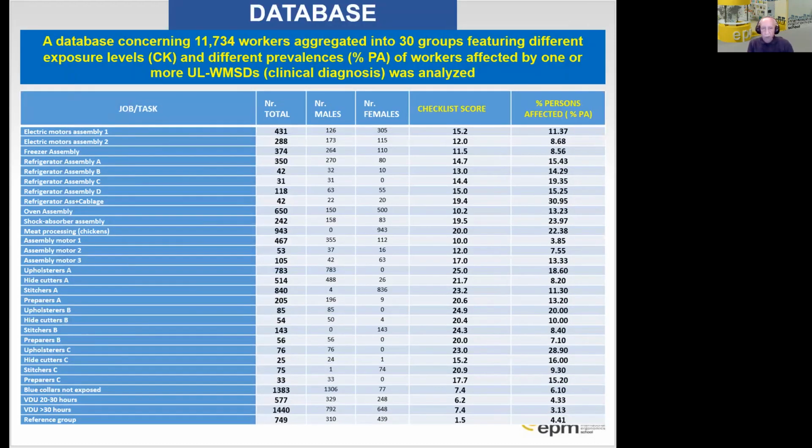For that purpose, we use the database concerning more than 11,000 workers aggregated into 30 groups, featuring different exposure levels and with different prevalences of workers affected by one or more clinically diagnosed upper limb disorders.